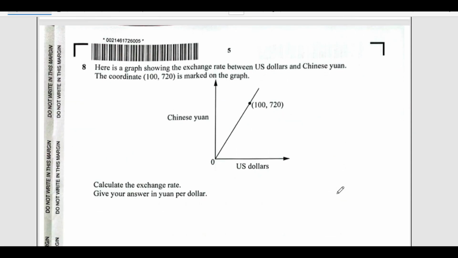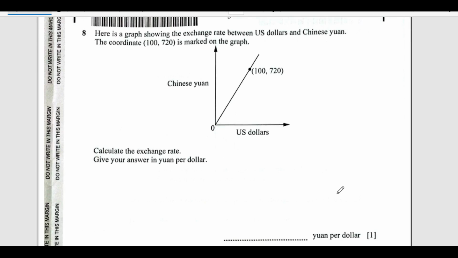Number 8: here is a graph showing the exchange rate between US dollar and Chinese yuan, right? This side is US dollars, this side we have Chinese yuan. The coordinates 100 and 720 are marked on the graph. Calculate the exchange rate, giving your answer in yuan per dollar.